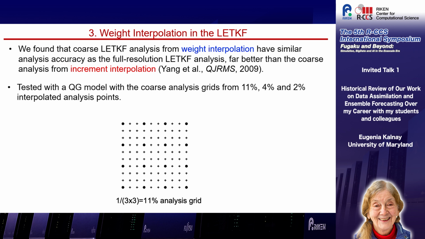We then developed a method to reduce this cost in the LETKF. Instead of repeating eigenvalue decomposition at each analysis grid, we can first calculate the LETKF weights at coarser resolution grids and then interpolate the weights to the full resolution grids.